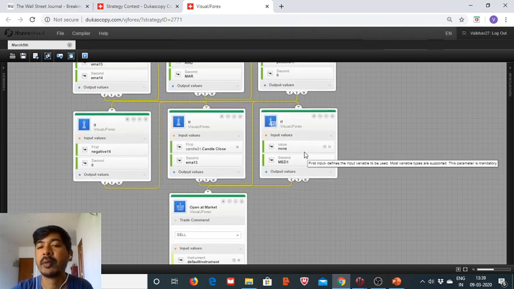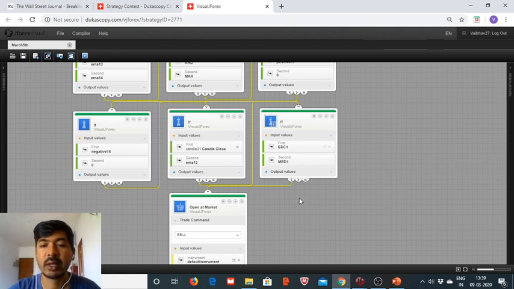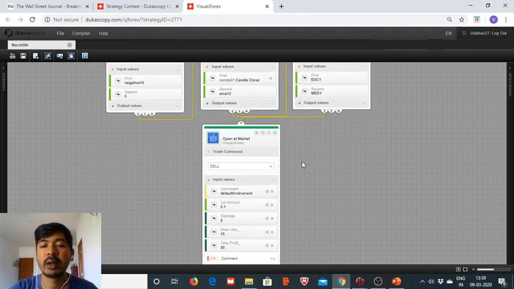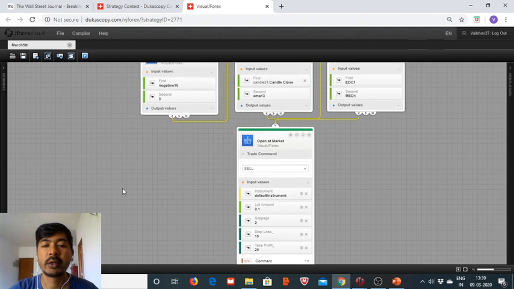And this is the range, that is the last tick price should be within 20 pips from the 20 EMA, so that our order will be executed.